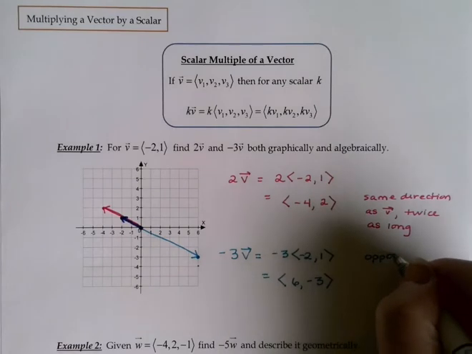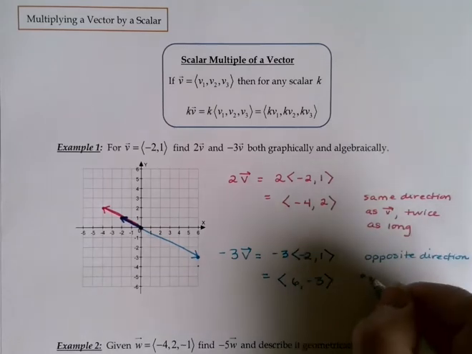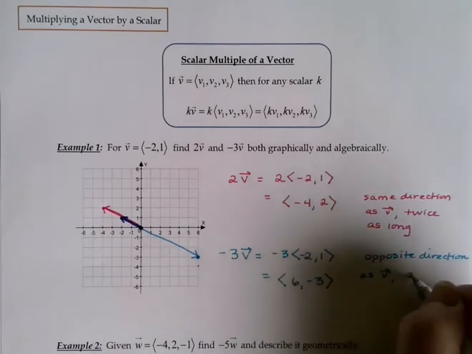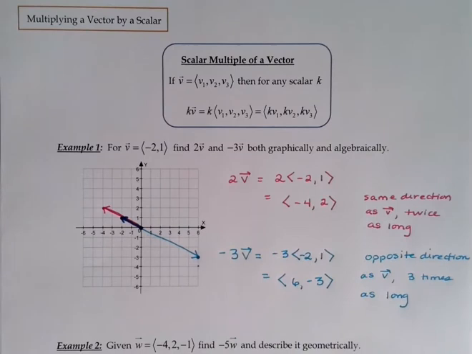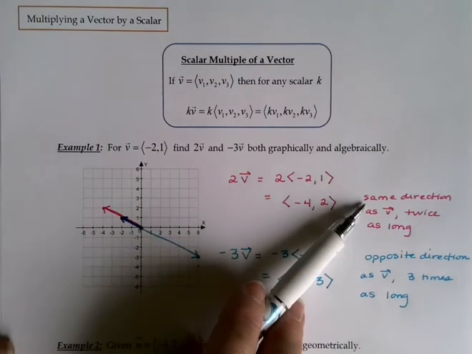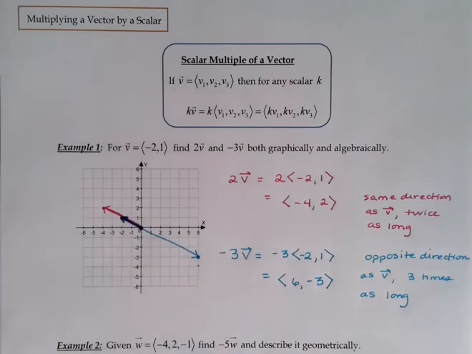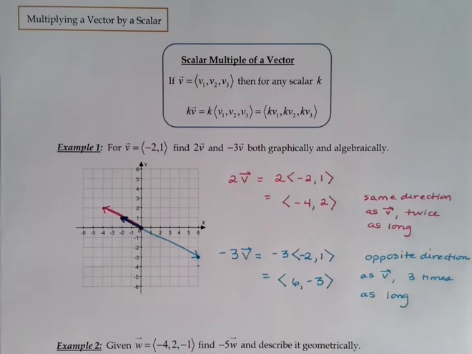So opposite direction as v, 3 times as long. So positive scalar multiples preserve the direction of the vector. Negative scalar multiples simply reverse it. We get opposite directions.